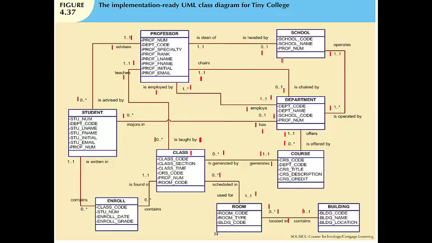that's a really nice optional thing to indicate, because the majority of the instances of professor aren't going to be heads of schools. There's not going to be any value, right? Because the foreign key is not in professor.